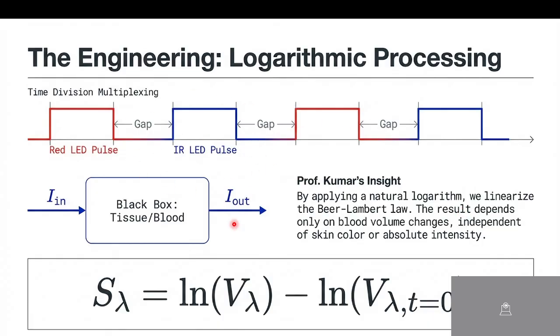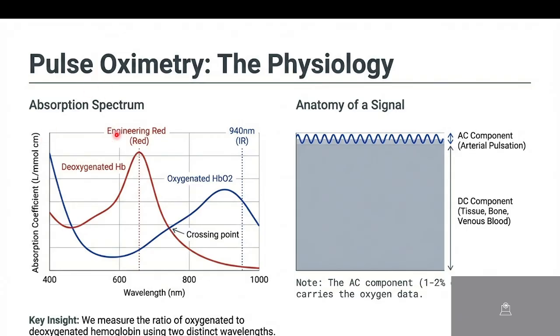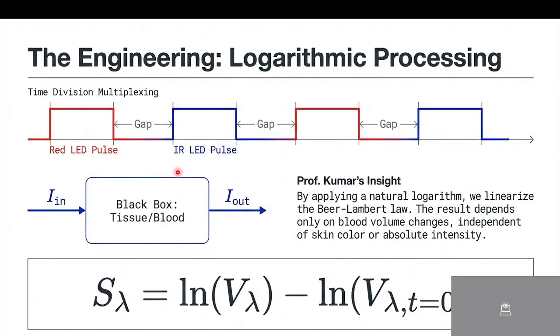And for the engineering behind this, as I just discussed here, there is a requirement of two distinct wavelengths. Here it's mentioned as red LED pulses and IR LED pulses. Between those pulses there will be a constant gap.